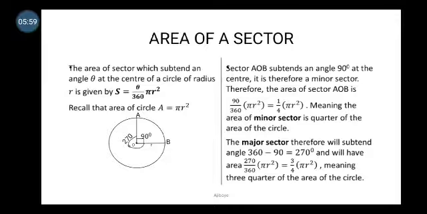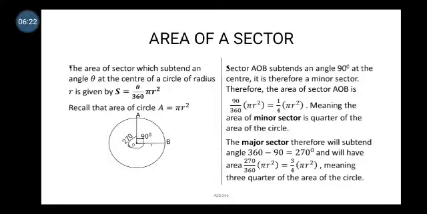Therefore, the area of sector AOB is 90 degrees over 360 times the area of the circle, pi r squared, which is equal to 1 over 4 pi r squared, meaning that the area of the minor sector in this case is 1/4 of the area of the circle.